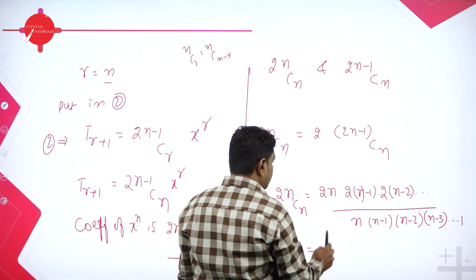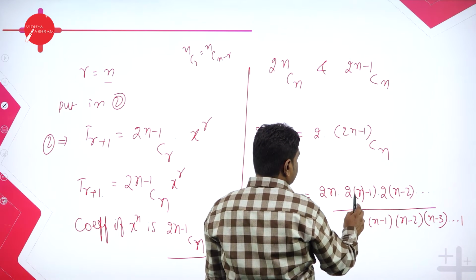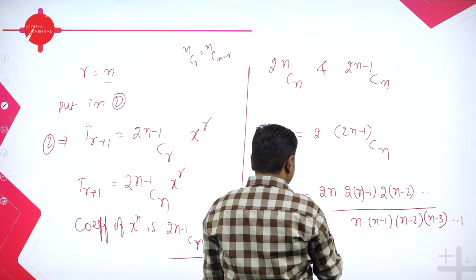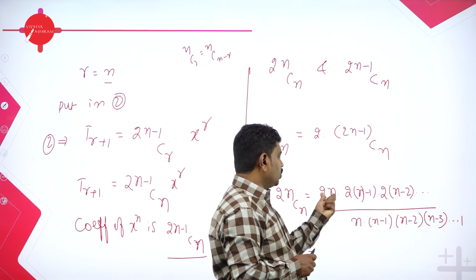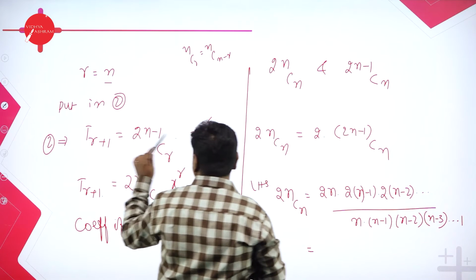If I take 2 out, it is n, 2n−1, like that. Observe all of you.